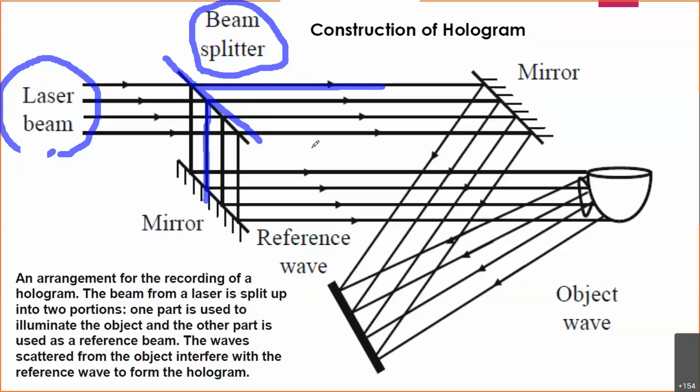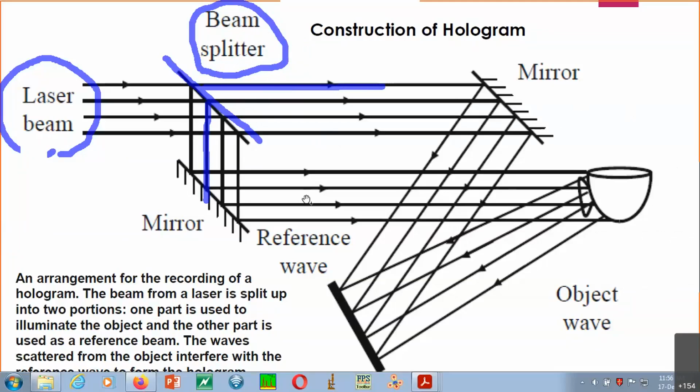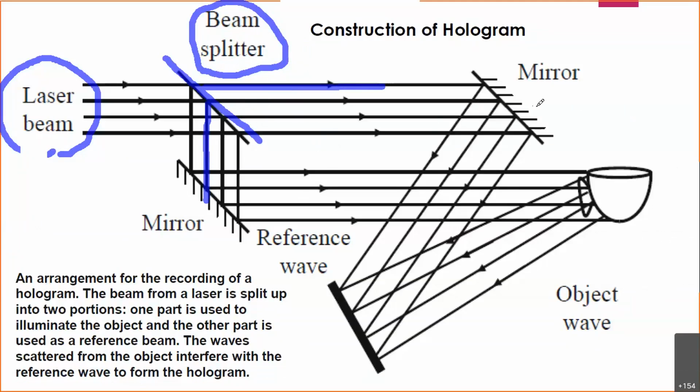Now again, if you see, there are two mirrors. Let me make it clear. Here it is. This mirror, let's say M1, and this is the second mirror, let's say M2. The important thing is the laser light which is split from this beam splitter. One part we are giving to mirror 1 over here, and after reflecting from mirror 1 it will come directly to this photographic plate.